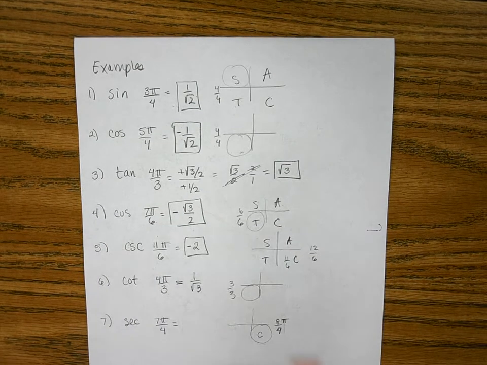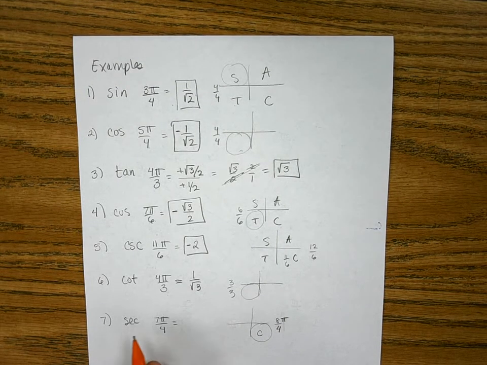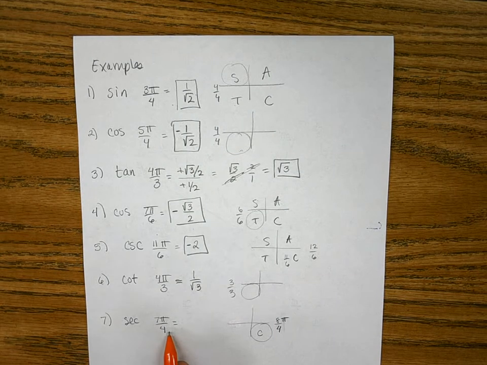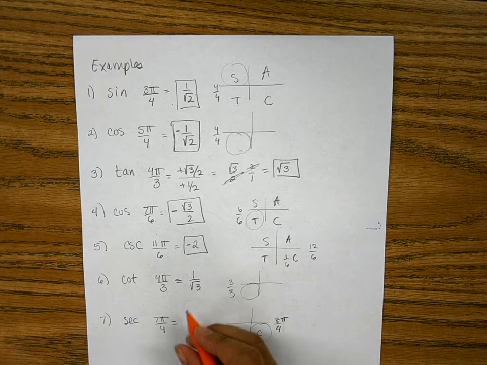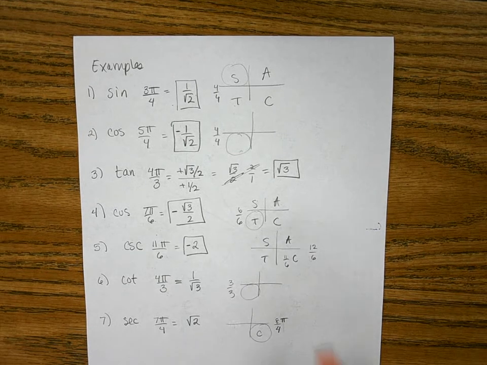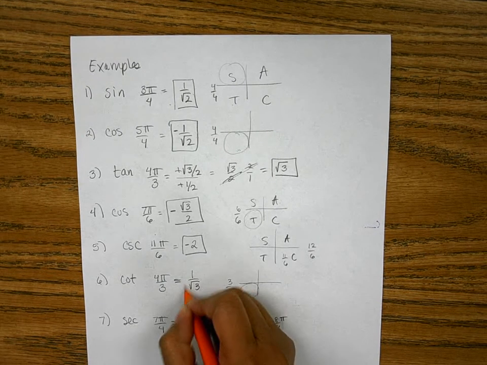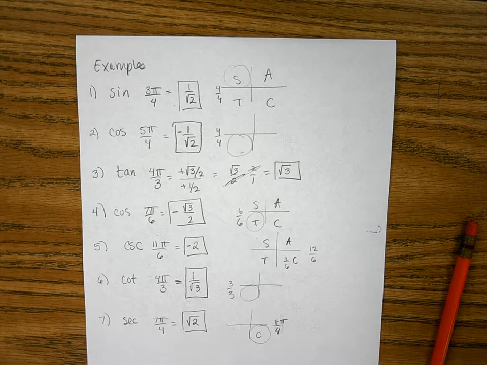Secant is the reciprocal of cosine, so we're good. It's going to come out to be a positive answer. Cosine of 7 pi over 4, or cosine of 45 degrees, is 1 over root 2. The reciprocal of that will be root 2, and it's positive because it's in the 4th quadrant.